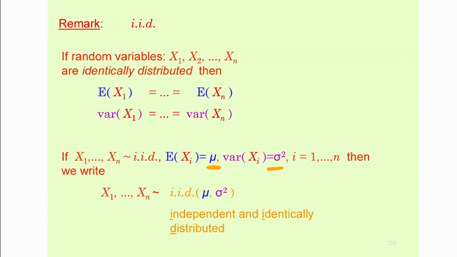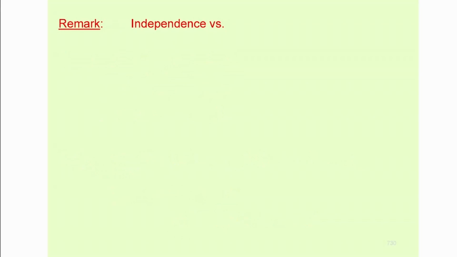But if they're i.i.d., they have the same mean and the same variances. That's a fact, otherwise they would not have the same distribution. Now, let me link that to uncorrelatedness, which is a much more practical concept than independency.